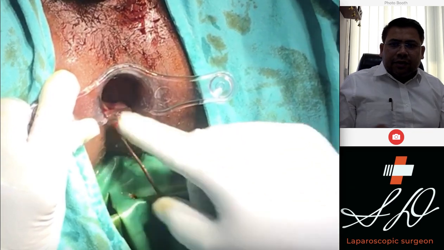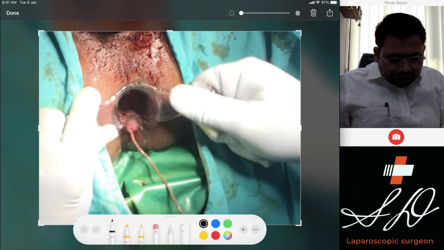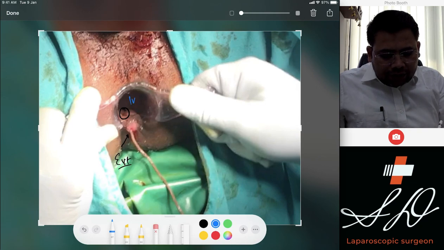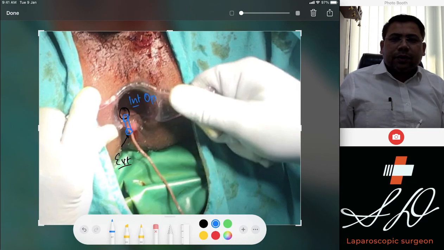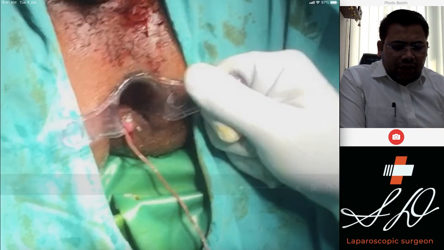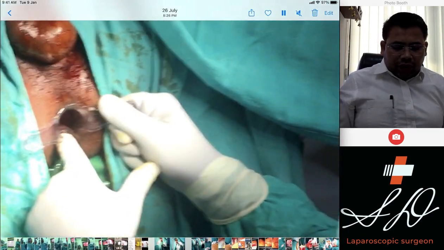This is the external opening, and this is the internal opening, and this is the fistula that is present here. Since this was a very superficial and small fistula, I opted to go for lay open fistulotomy.